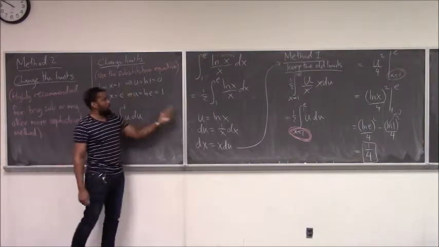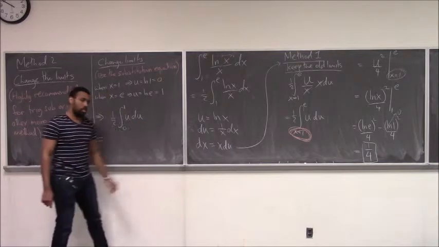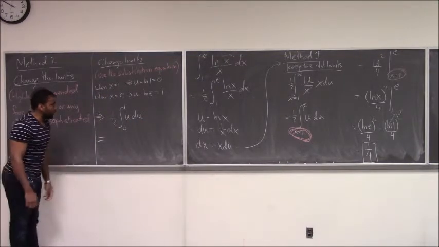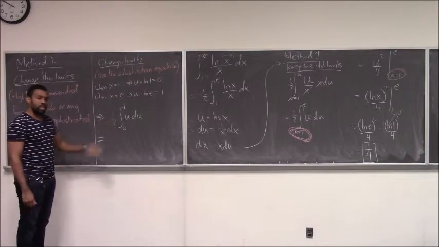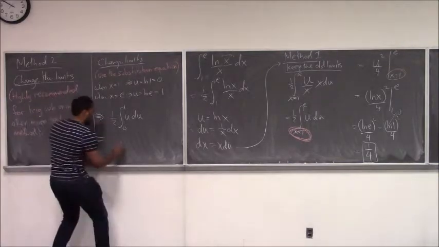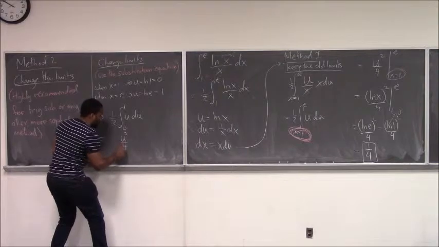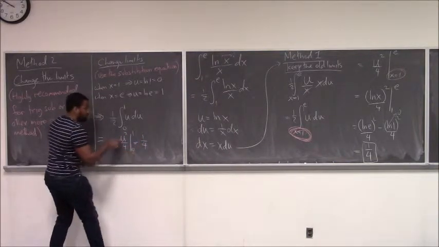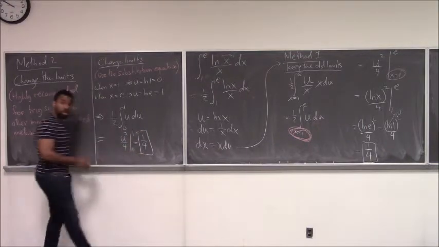I can just plug in whatever the x values are and solve for the corresponding u values. I would get the same answer as if I were to just think of this as the original integral. So here I would have u squared over 4 between 0 and 1. Plug in 1, you get 1/4. Plug in 0, you get 0. You get the answer back.